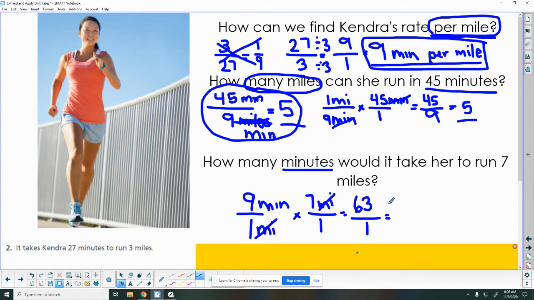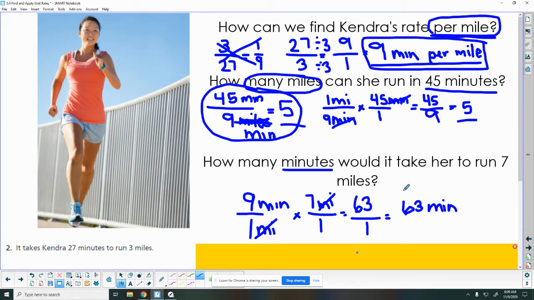So I still have 63 minutes. 63 divided by 1 is 63. So it would take her 63 minutes to run 7 miles. I know she needs 9 minutes per mile. 9 times 7 is 63. So just a couple ways to think about those same problems.